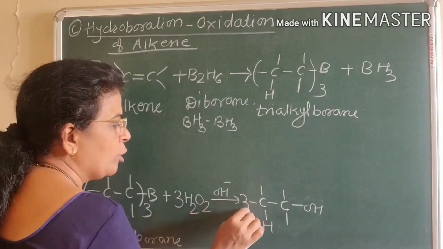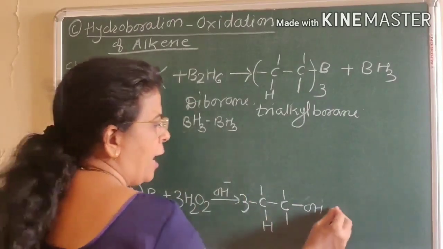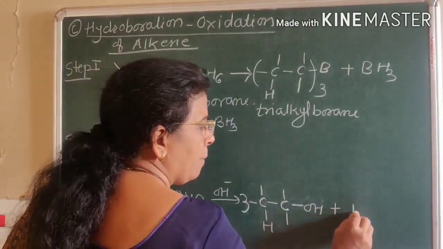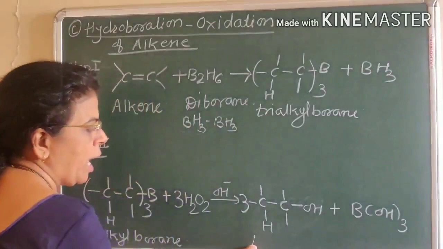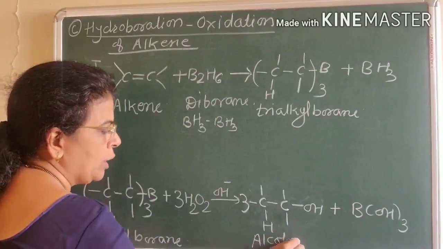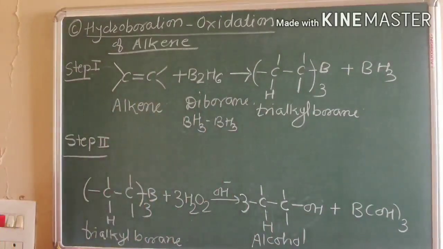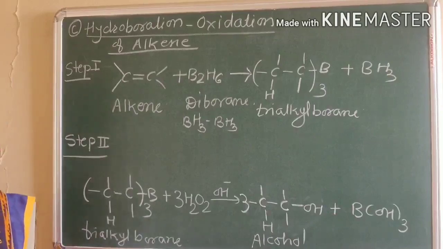But 3 molecules of alcohol are formed, plus B(OH)3. In this way, alcohols are formed by using hydroboration-oxidation of alkenes.